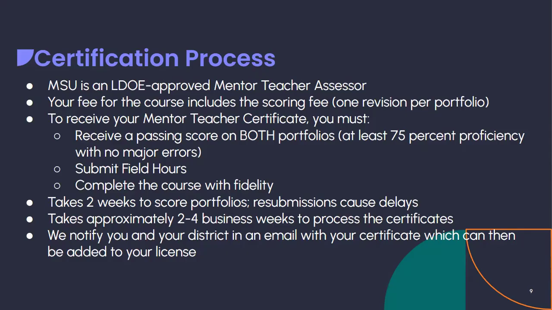If you're doing this as an individual, all of the materials are provided on LDOE, which show you how to take the certificate that we give you, present it to LDOE, and add it to your certificate. It does take typically 4 to 6 weeks for LDOE to process it and put it on your certificate. So please just keep that in mind as well.